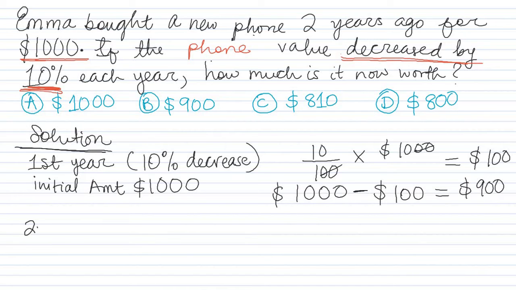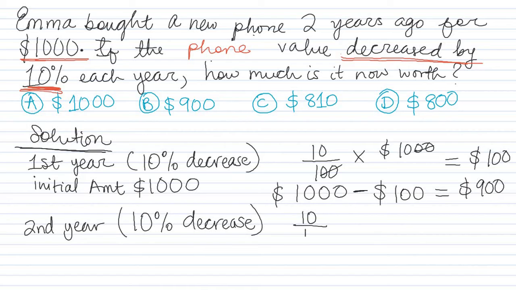Now to go on to the second year, it said it was decreased by 10% each year. So we have another 10% decrease, since each year that was the decrease percentage. So we have 10% of the newer amount. And what did we get our newer amount to be from the first part of the solution?